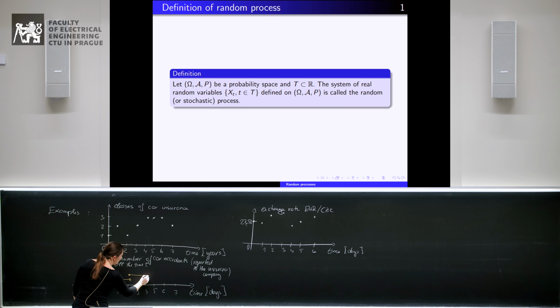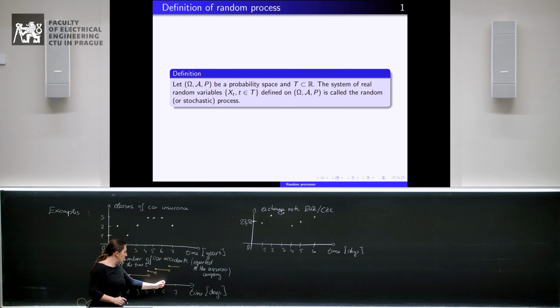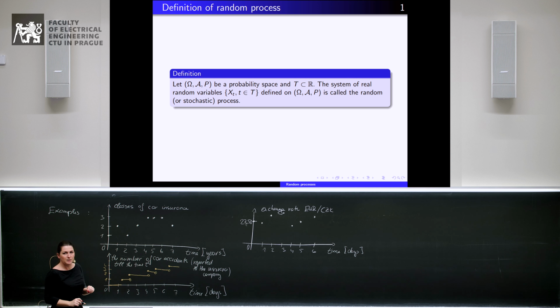Then there will be almost 2 days without an accident, and in fact the number of accidents can be observed at arbitrary time in the continuous sense. And so we can ask, what is the number of accidents till the beginning of the 6th day? And we can see that it is 1, 2, 3, 4 accidents. And so we can ask at arbitrary continuous time about the number of accidents till that time.